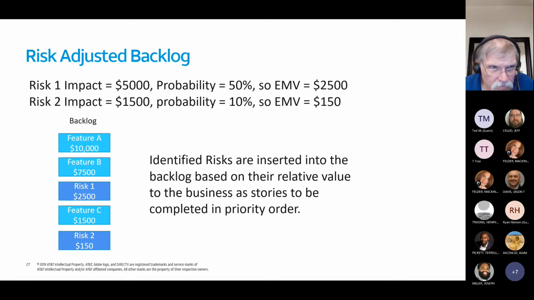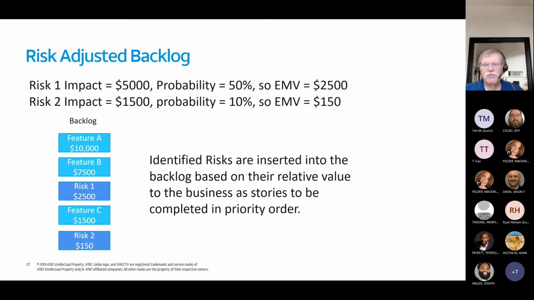See how we can do that? Can anybody see how we can do that? What if I had a risk that had an impact of $10,000 and a probability of 63%? Where would that go in here? And a probability of what? I'm sorry, 63%.